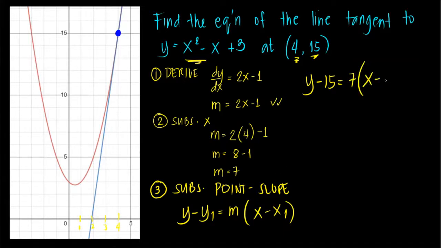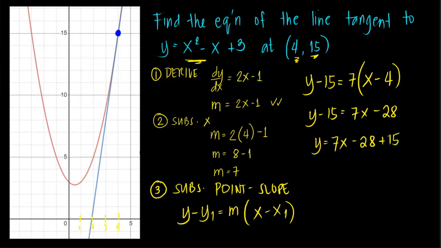X minus x sub 1 is 4. So, simplify this. y minus 15 equals 7x minus 28. So, y equals 7x minus 28 plus 15.